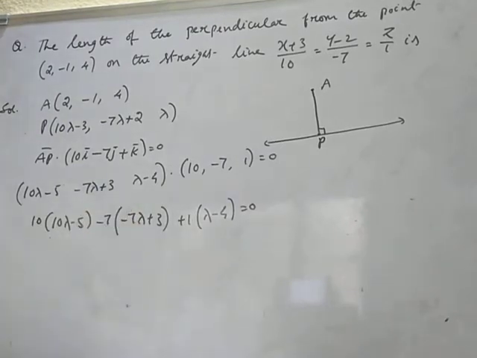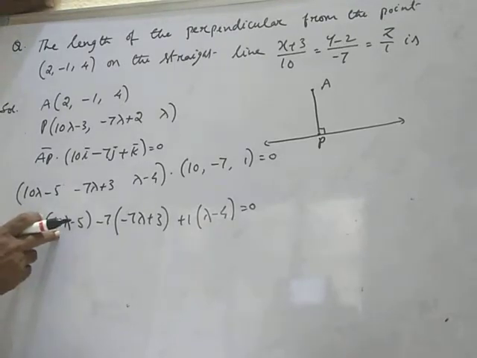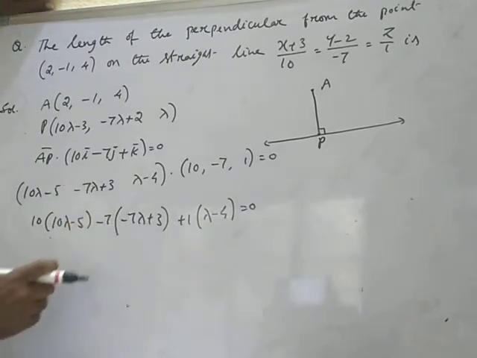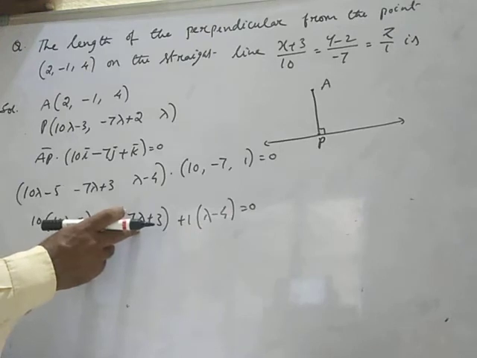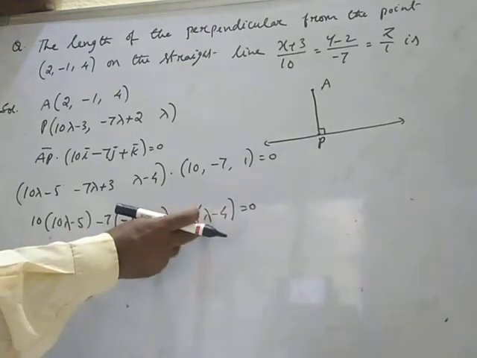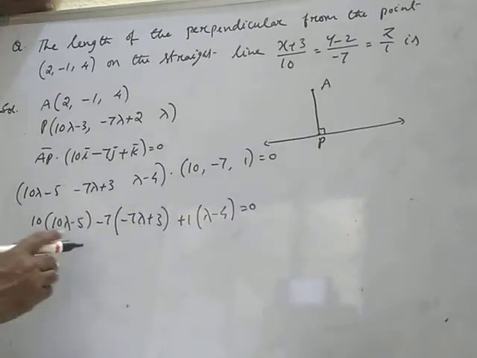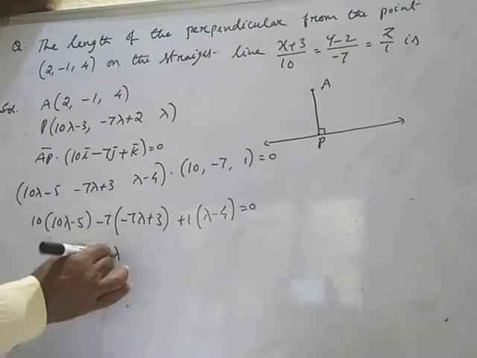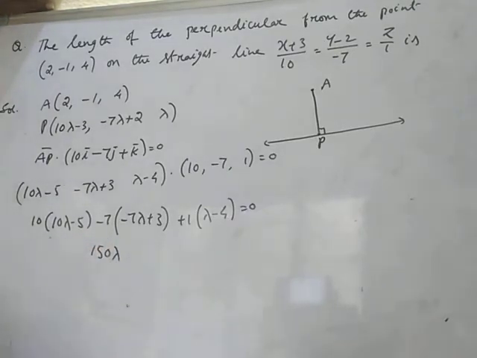By simplifying, 10 tens are 100 lambda, plus 7 sevens are 49 lambda, plus lambda, so 49 plus 1 is 50, 50 plus 100 lambda is 150 lambda.